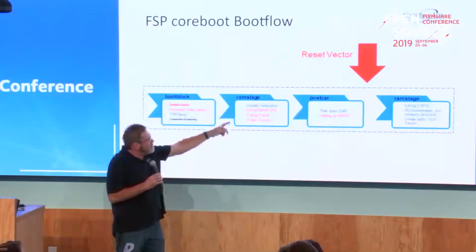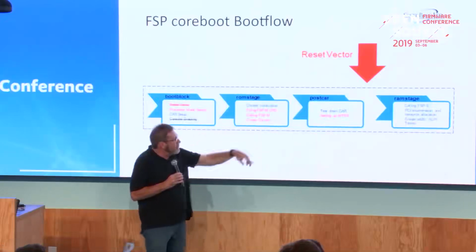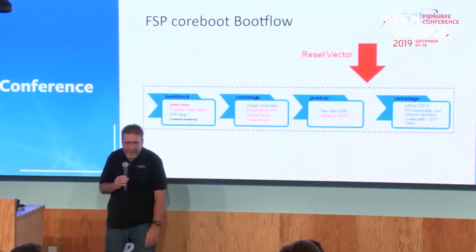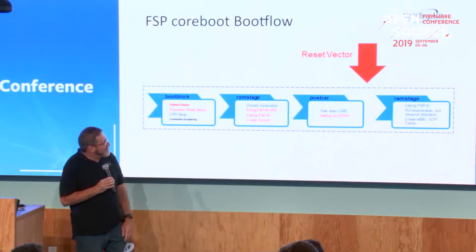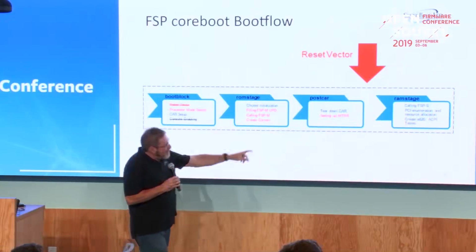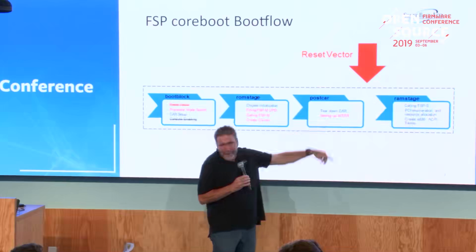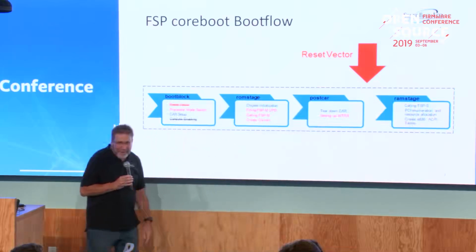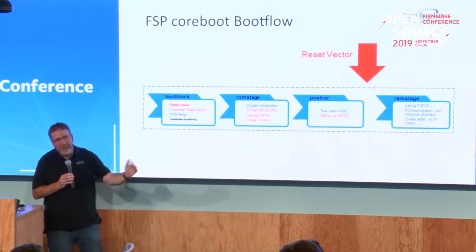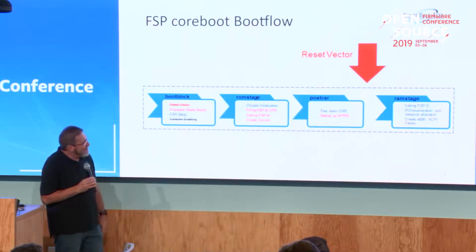So we still have to set up FSPM, do the UPDs, call FSPM and set up our CBMEM. We still do that. And we still have to set up our MTRRs, which we do over here, but we're doing this in a very shortened path to get there.